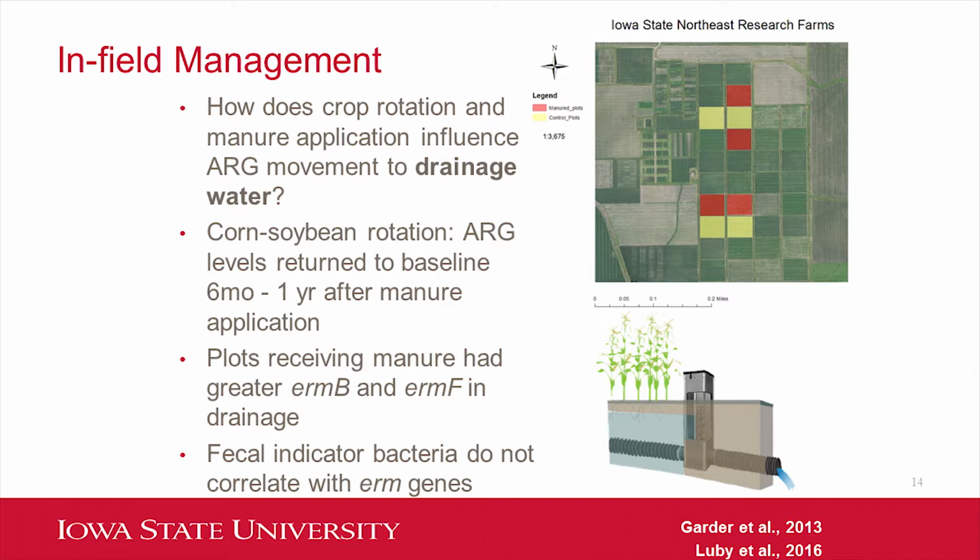From this, we can see that in the soil, the resistant gene levels return to that baseline concentration within about 6 months to a year after manure application.